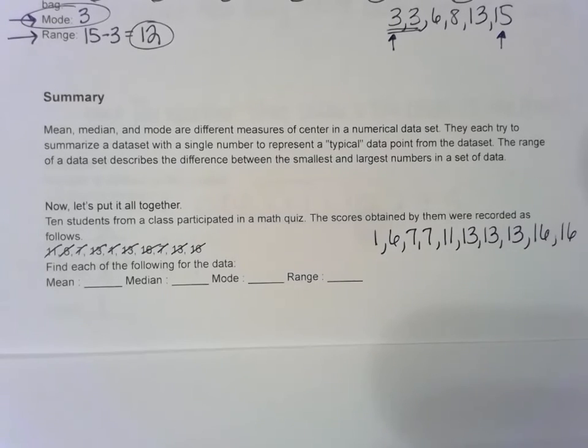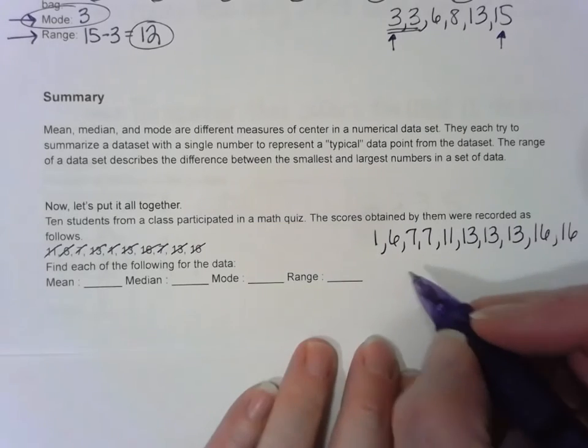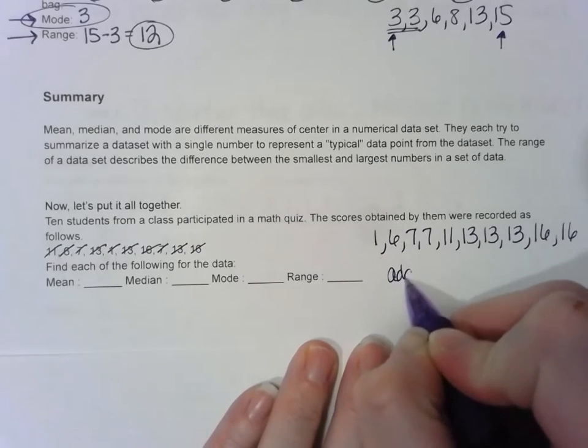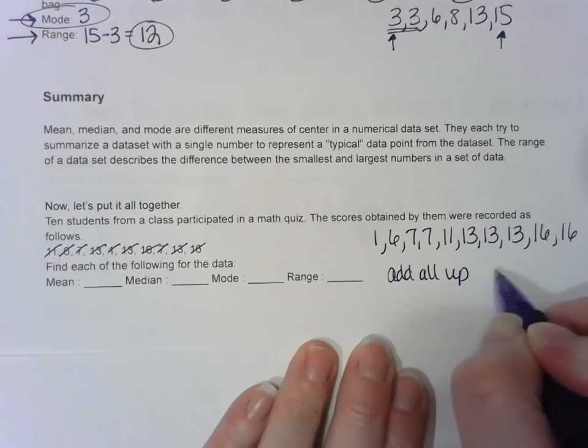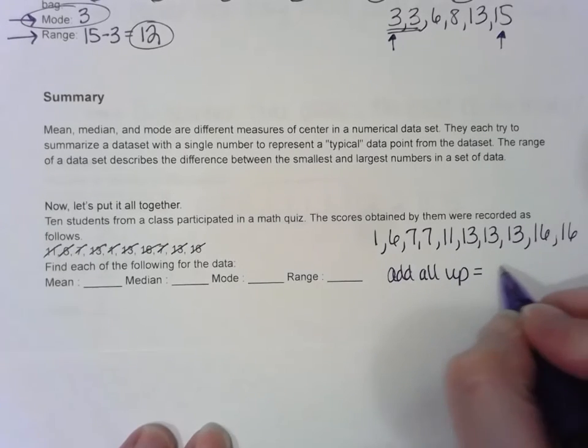So you got to think back to yesterday's lesson, and in order to calculate the mean, you have to add all of the data values together. 13 plus 13, 16. And for that, when you add them all up, you get 103.